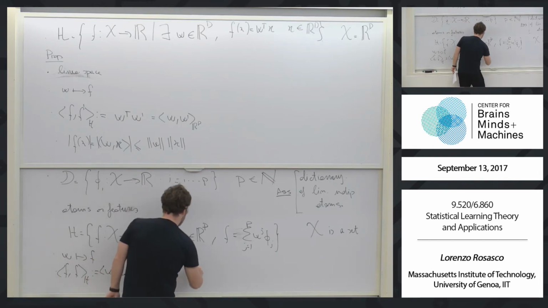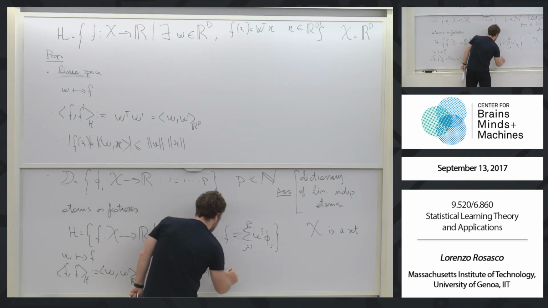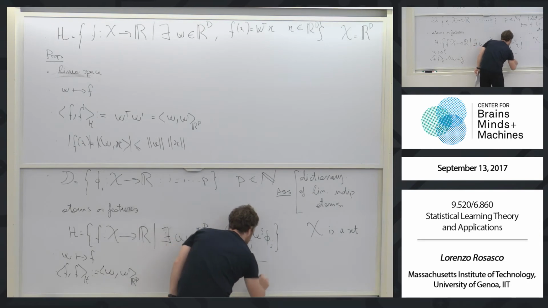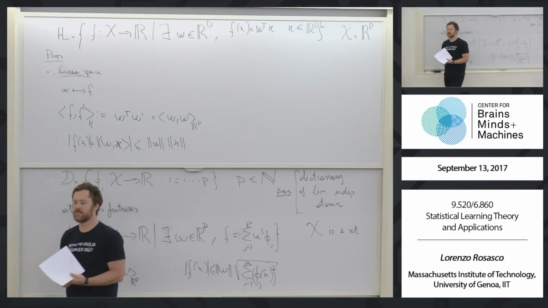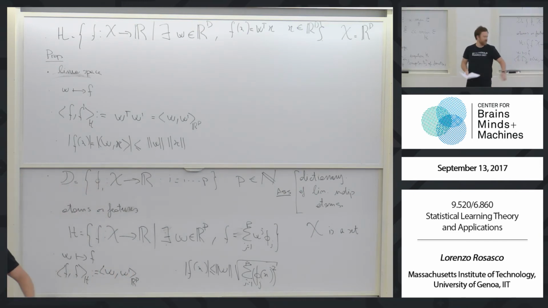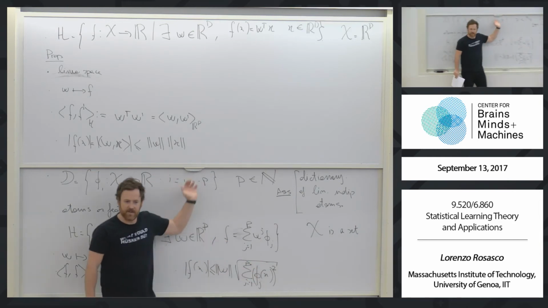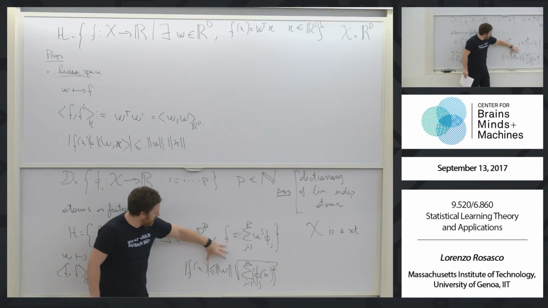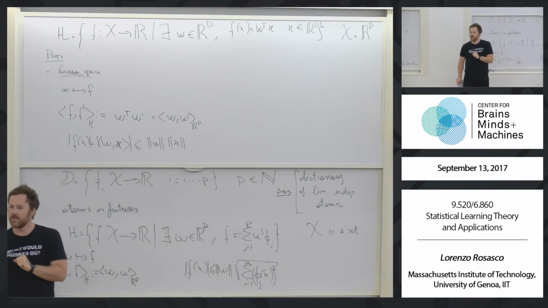And I also have this property that if I have f of x, for exactly the same reason as before, I'm going to get the norm of W times the square root of the sum over j from 1 to p of phi_j(x) squared. Okay? The same properties as before. As long as this kind of sum is finite, which is always true if I have a finite dictionary, I still have the same property as before. By looking at the vicinity of the weights, I know that functions are close at every single point. All right?